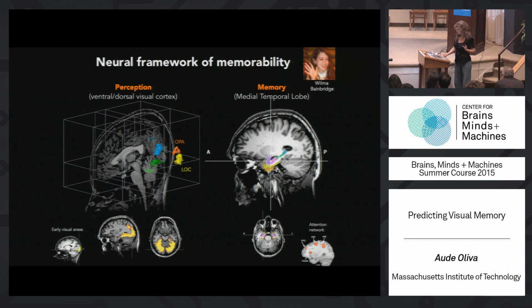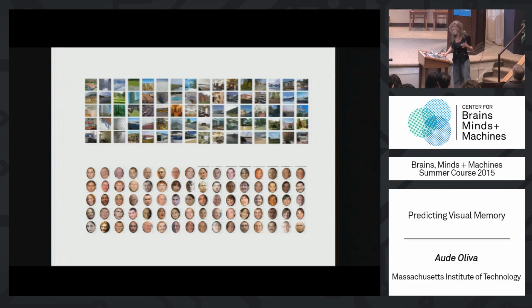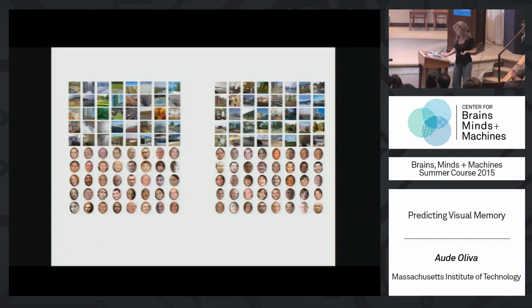And here is the very simple experiment we ran. We took a collection of faces and scenes from the 1,000 we have, which everyone will basically separate between the regions that are more activated for scenes versus the regions more activated for faces.